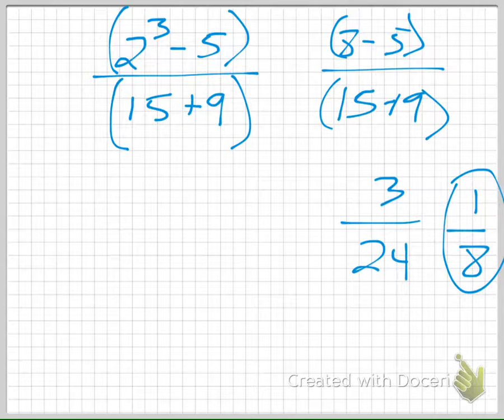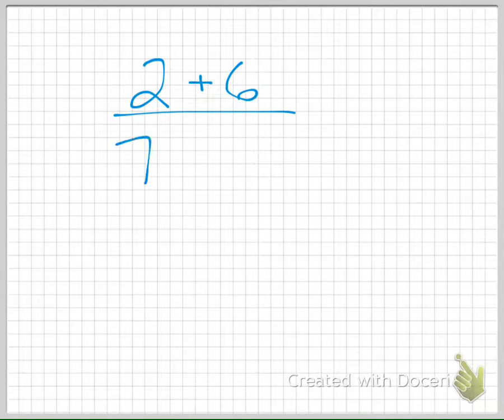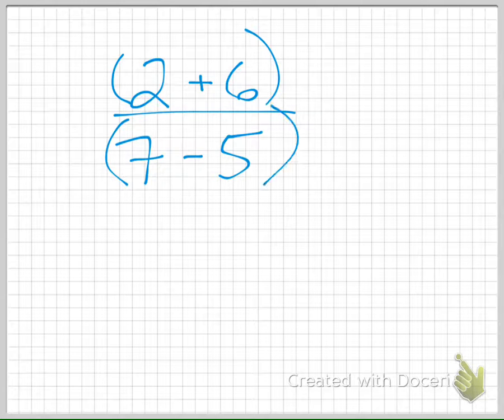The main point of this is that if I ask you to see the parentheses, the answer is yes. You have to do the whole top, and then you do the whole bottom, and then you divide. Make sense? Okay. Do number 3C then.